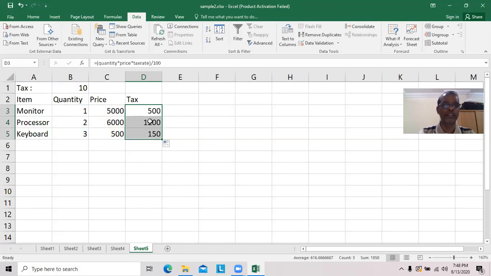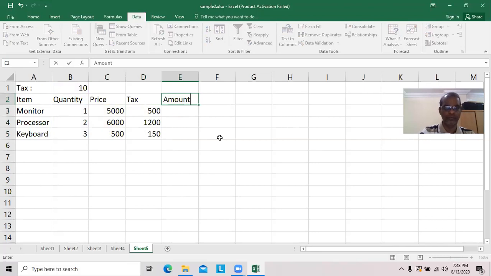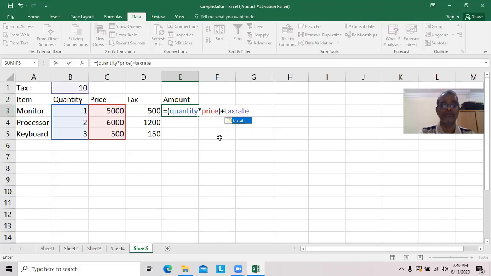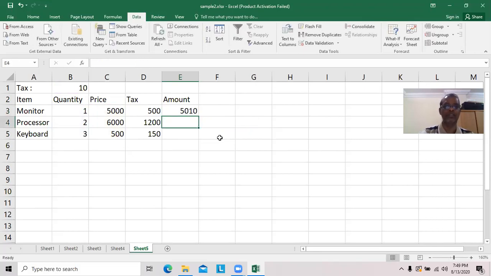Now I'd like to find the amount. We know very well: equal to open bracket quantity multiplied by price, plus tax. We are not using any cell references in the formula. We are using only named cells or named cell ranges.